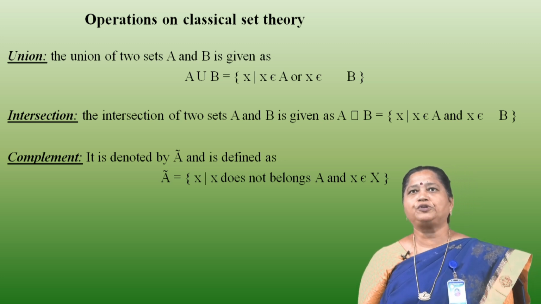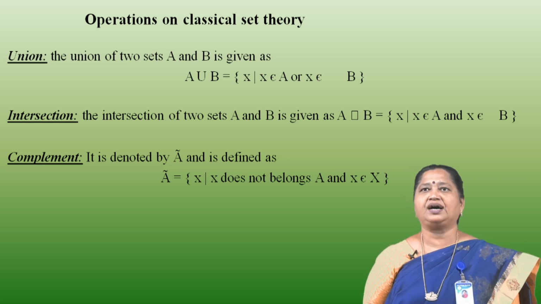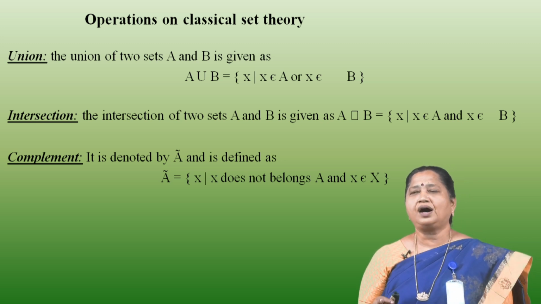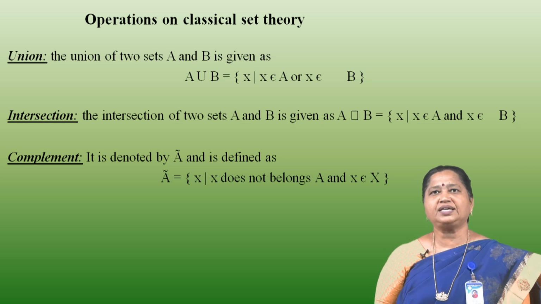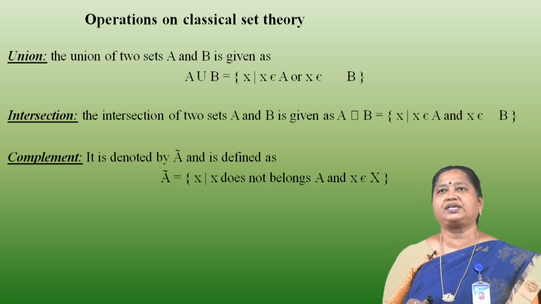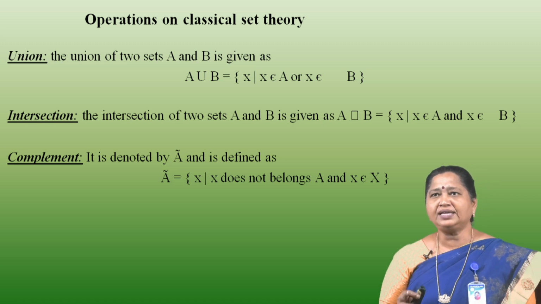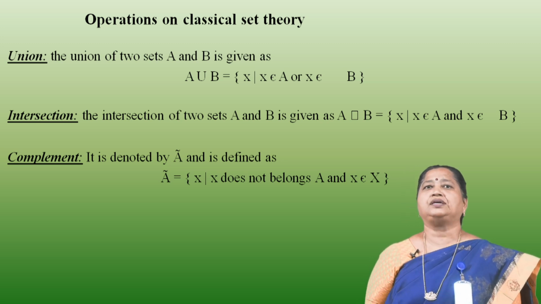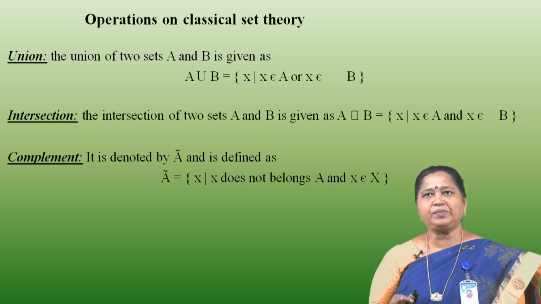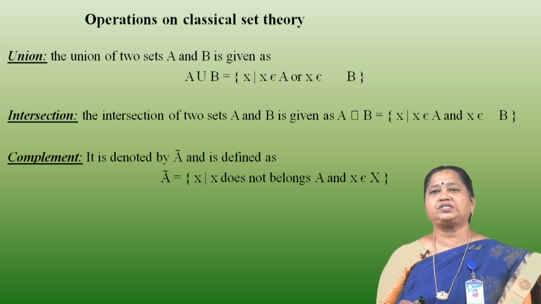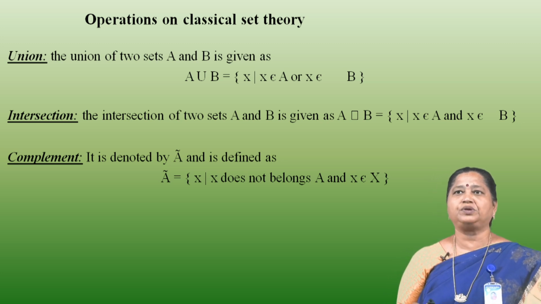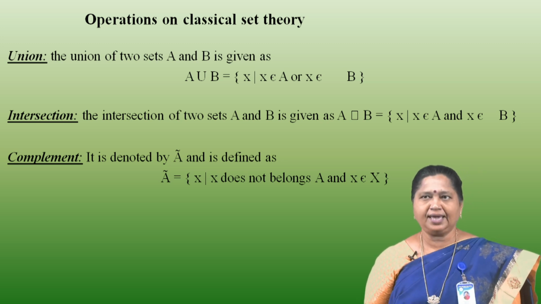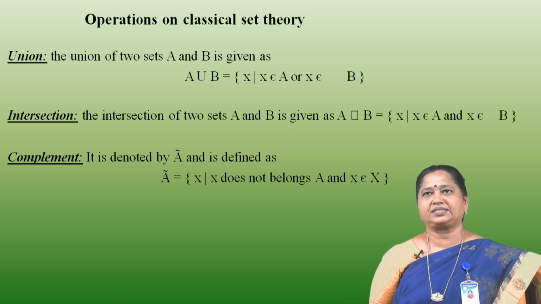The union of two sets A and B is given as A union B, which is equal to x such that x belongs to A or x belongs to B. The intersection of two sets A and B is given as A intersection B, which is equal to x such that x belongs to A and x belongs to B. And the complement, denoted by A bar, is defined as A bar equal to x such that x does not belong to A and x belongs to capital X. That means the element is not in capital A, but it is in capital X.